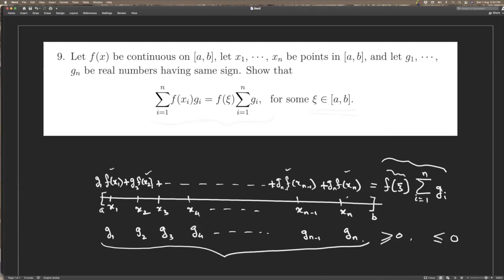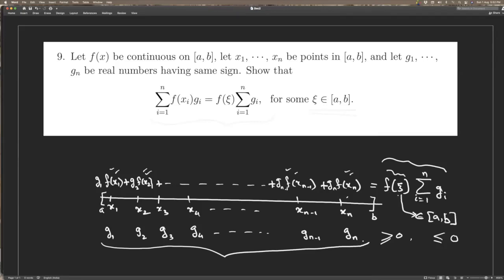Instead of having the function value at each point xi, you just find a xi such that f of xi can replace each of these numbers f of xi. That's what it says. You can find a suitable xi like this, and that xi is again some unknown number belonging to the closed interval [a, b].